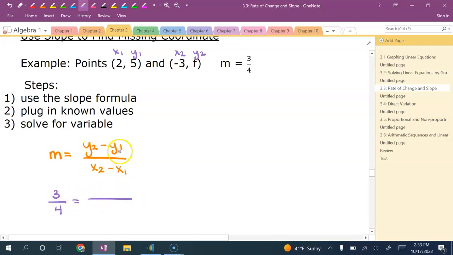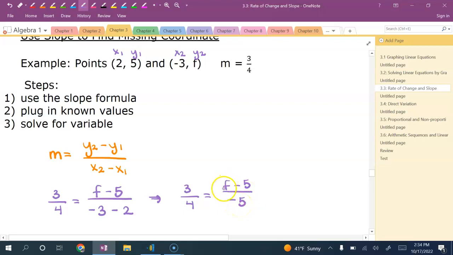On top for your y's, I'm going to put f minus the 5. And on the bottom, I'm going to put negative 3 minus 2. Now what I can do is simplify the bottom half of that second fraction. So I've got 3 over 4 equals f minus 5 over negative 5.